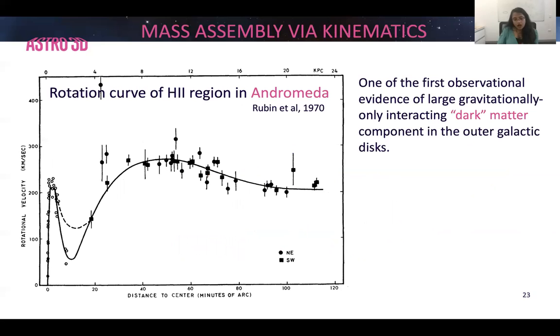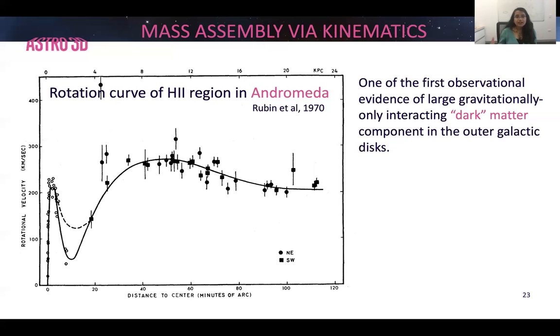To understand how galaxies assemble their mass, the kinematics of the gas and the stars has been used for a while now. And this is one of the first observations, which shows the rotation curves of the Andromeda galaxy going really far out, and it gave one of the first indications of this gravitationally only interacting dark matter component of the galaxy.